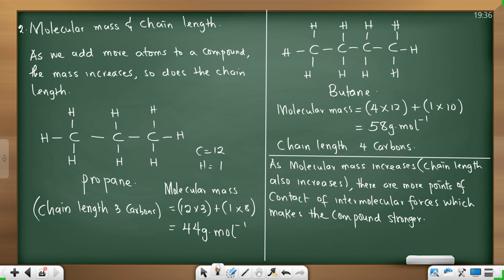So the more atoms you have added, you have more points of contact of intermolecular force. The net intermolecular force increases. So the compounds become what? Stronger. Making the compound stronger in terms of intermolecular force.